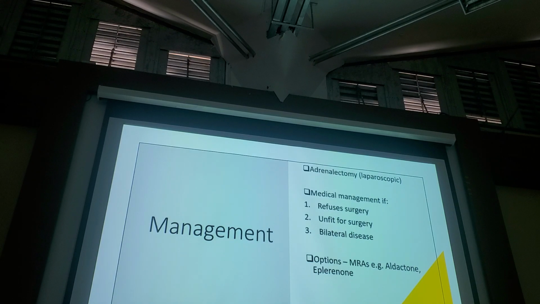These are mineralocorticoid receptor antagonists. So they block the receptors, so the aldosterone cannot stimulate the receptors for sodium retention and potassium excretion. So again, the low potassium usually resolves, and the hypertension is better controlled in these individuals. Okay? But these agents are reserved for those who you're not going to offer surgery for whatever reason.